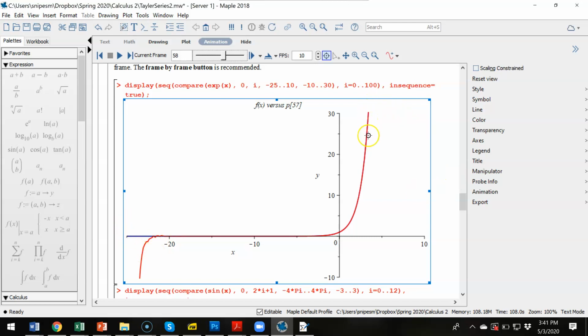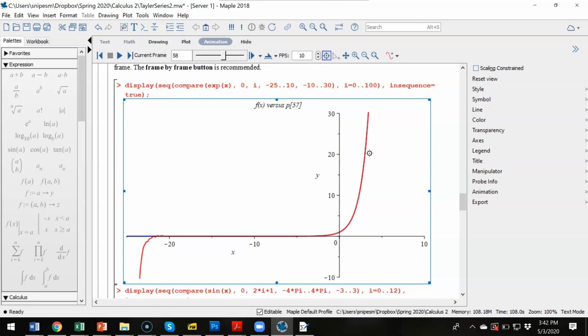Now you can't actually see, because the frame is a little too small here, what's happening out here for large x values, but the curve is also becoming a closer and closer fit for large x values as we get higher and higher degree polynomials.